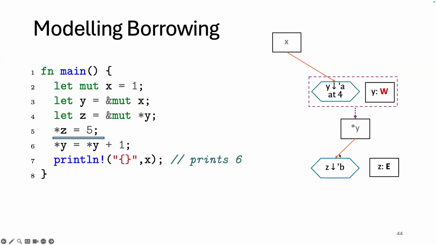In Polonius terms, you can just query this from the borrow checker. So this borrow edge is removed. Z, as a side effect, loses its read capability, because if Z is not storing any live borrows, there's no sense in which it can be read.